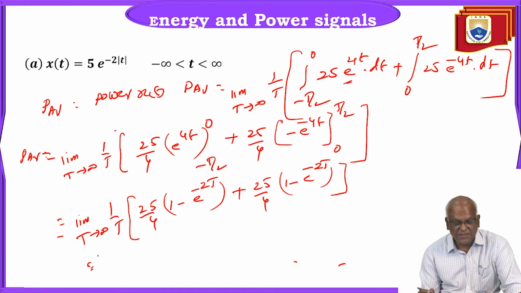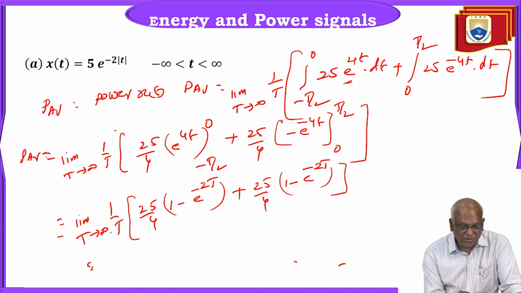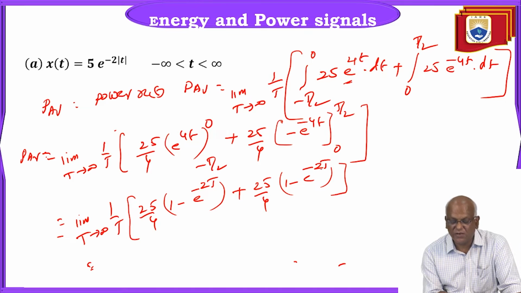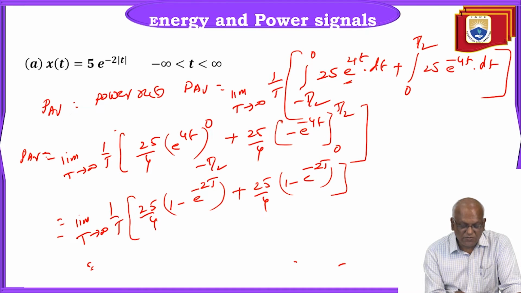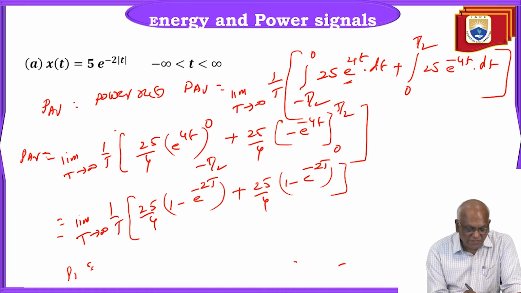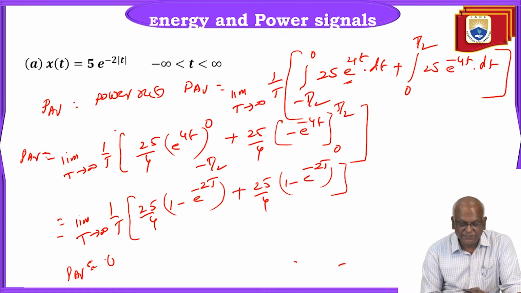Now apply the limits. Substituting t equal to infinity, e power minus infinity becomes 0, here also e power minus infinity is 0. You see 25 by 4 plus 25 by 4, and with 1 by t, substituting t as infinity, the P average value becomes 0.